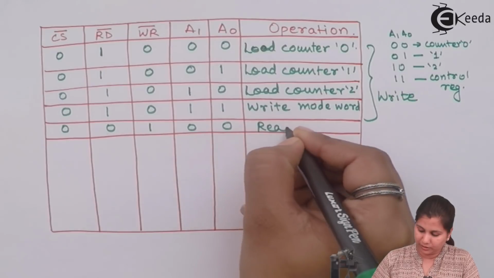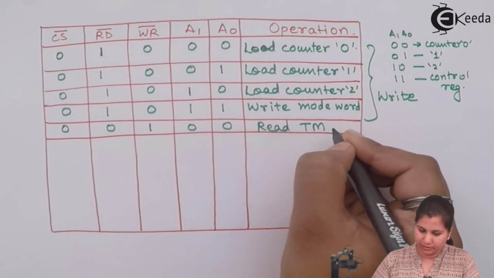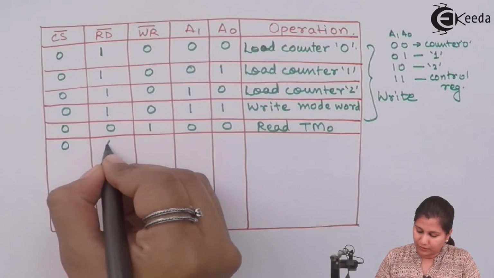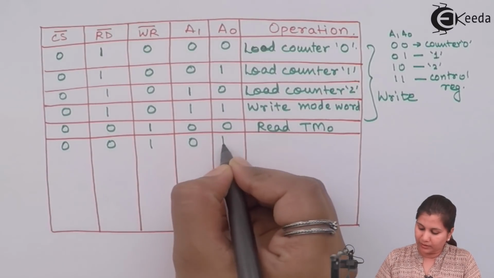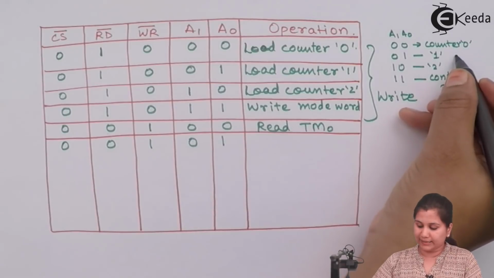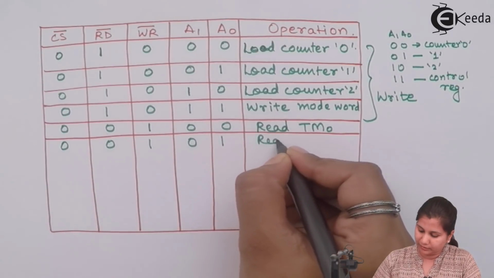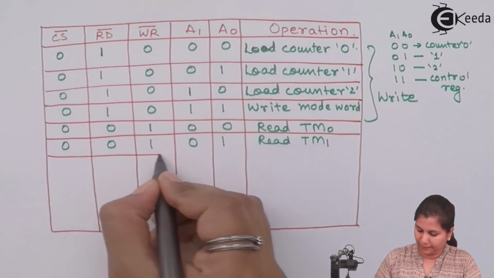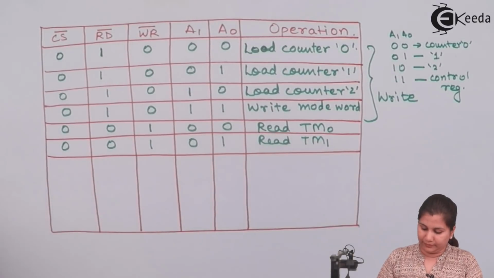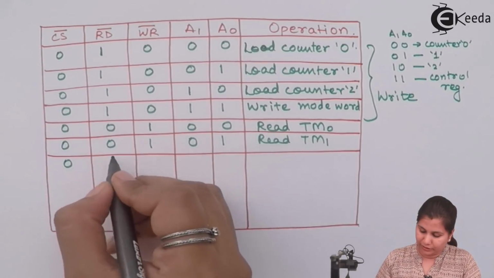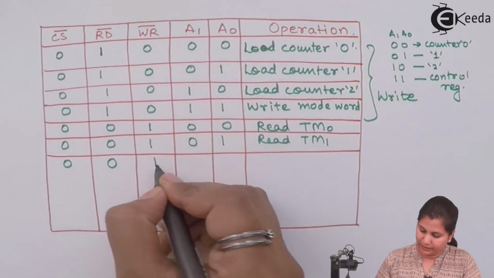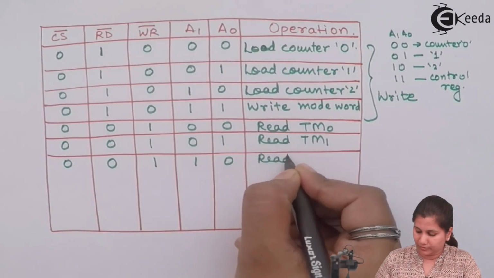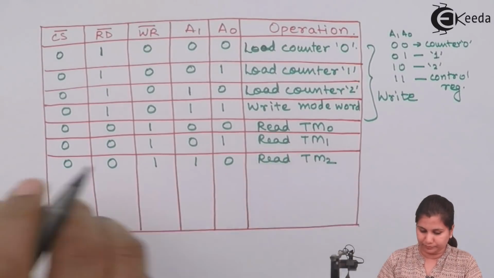So read timer 0. If it is 0 1, then counter 1 is selected, so it will read timer 1. Then again chip select 0, read signal 0, write 1, and 1 0, then it will read timer 2.